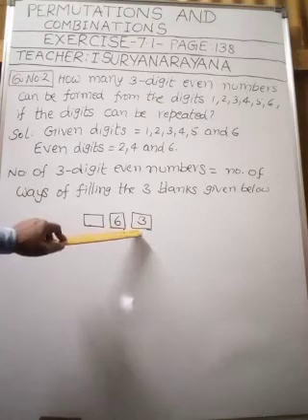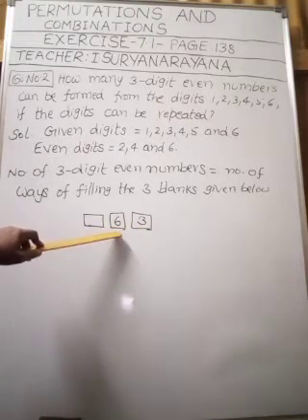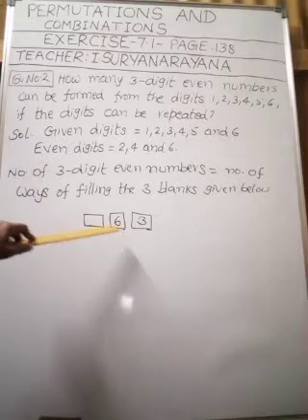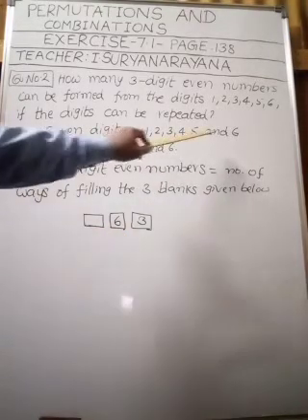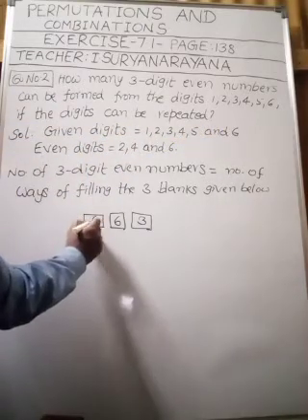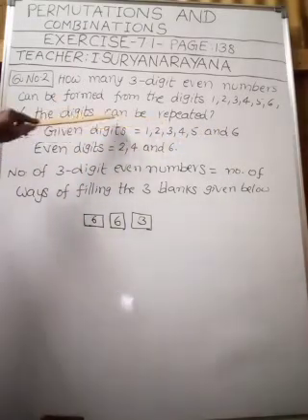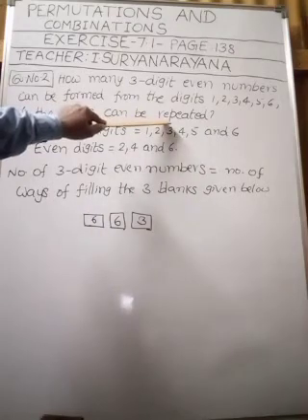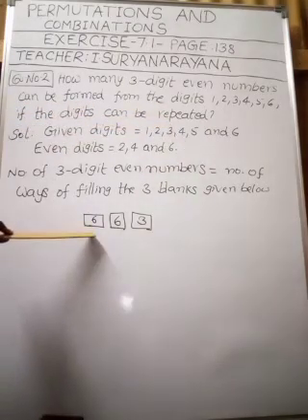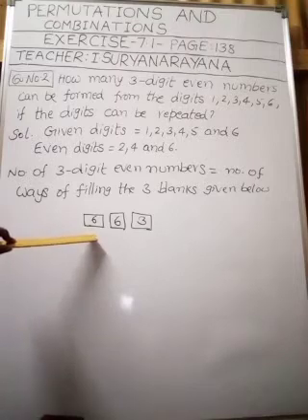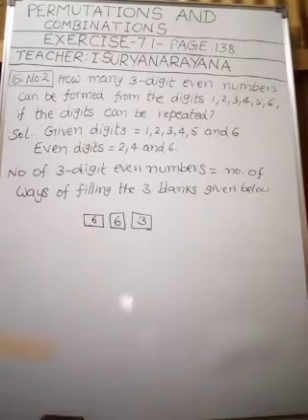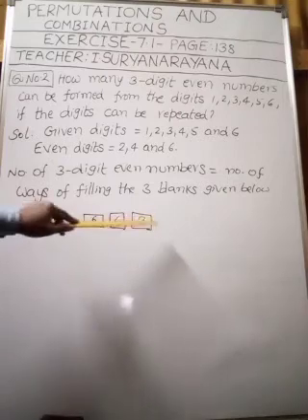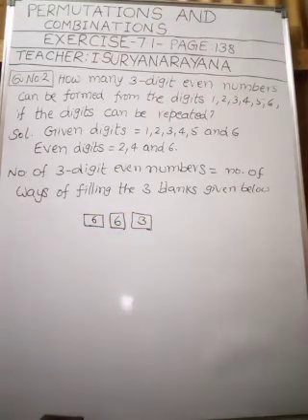After this first job is completed, we have completed second job. This can be done in six ways. Now come to the hundreds place. This also can be filled by any one of these six digits because repetition is allowed. So the third operation also can be done in six ways. Okay, my children, understood? So we have to perform all these three jobs, one after the other.